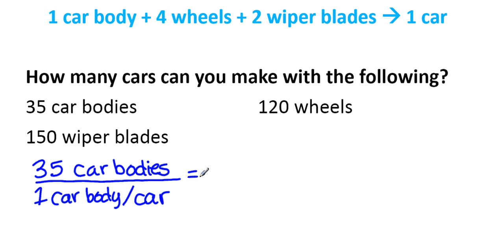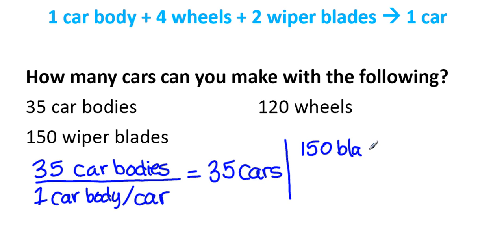Now mathematically that's nice and easy. 35 divided by 1 would give us 35 cars if we used up all of those parts. But we need to check the other parts and see how many we can get. So next, let's check the wiper blades. If we have 150 blades and we divide it by how many we need per car, we need 2 wiper blades for 1 car.